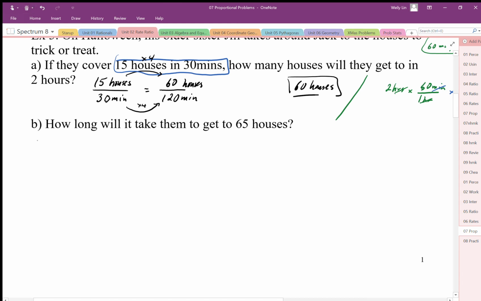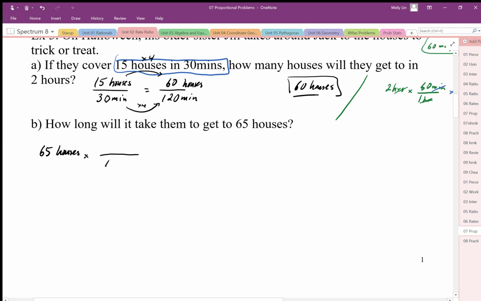I'm going to start with 65 houses. And again, if I'm not sure about this strategy, I can always go back to my proportional equation strategy. But I have 65 houses here, and I have this rate, 15 houses in 30 minutes.